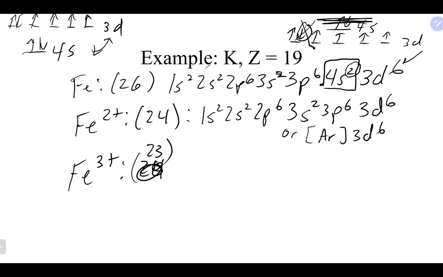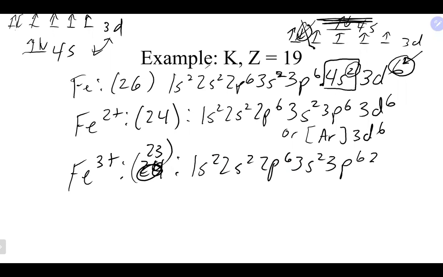So we would have to take out an electron from the d, and we would end up with a configuration of 1s2, 2s2, 2p6, 3s2, 3p6, and 3d5, or argon 3d5.